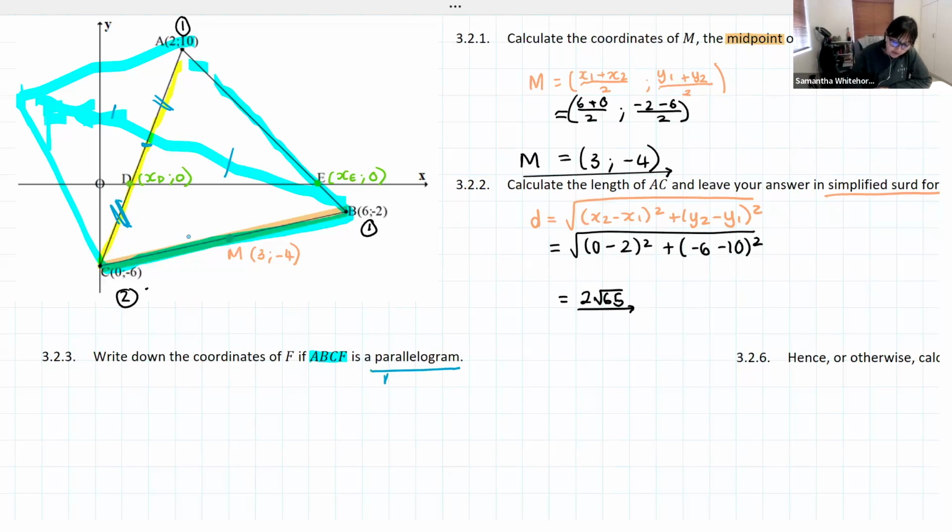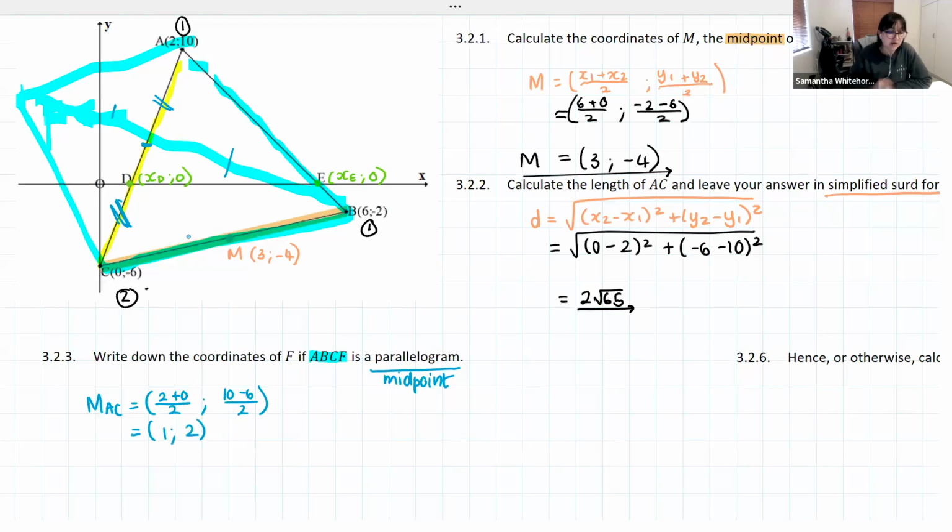So to do this, we use our midpoint formula. Based on our diagram that we've drawn here, we can see that AC is one of those diagonals. We're going to work out the midpoint of AC. So that would require me to say (2 plus 0) over 2, (10 minus 6) over 2. So the midpoint of AC is (1, 2).